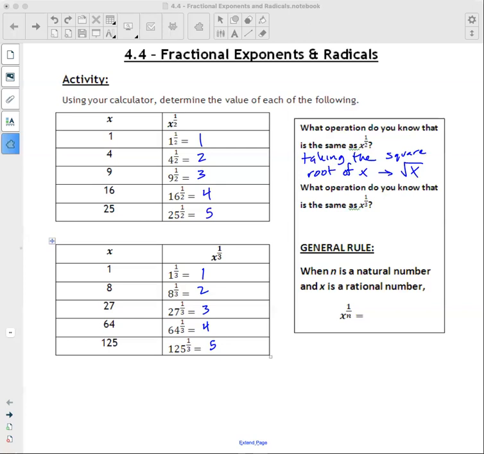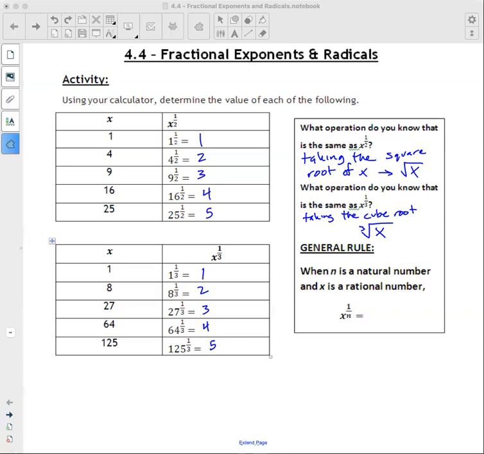And what operation is the same as x to the exponent 1 over 3? That is taking the cube root, the cube root of x.